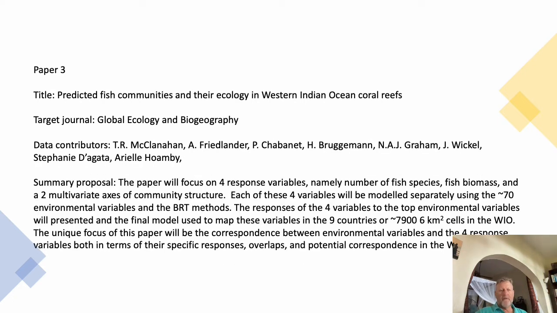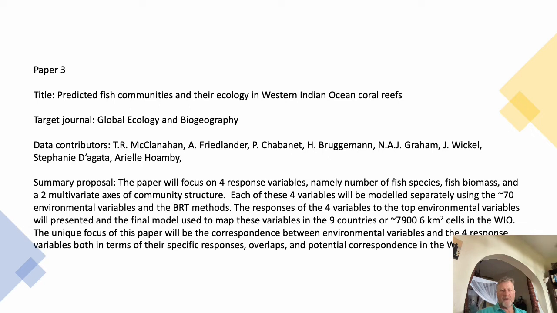Paper 3 would be very similar to paper 2, but here we would focus on fish ecology. The idea is to have again four response variables: numbers of species, fish biomass, and multivariate community structure, and to look at how each of these variables responds to the environmental variables with the BRT methods, and to look at the correspondence between these variables as you look at these gradients of environmental influence.